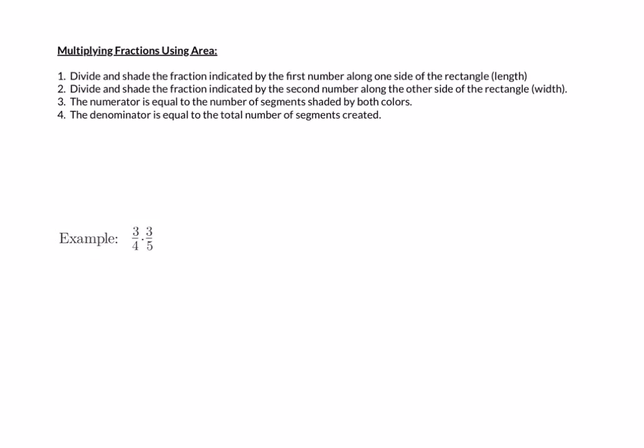The numerator is going to equal the number of segments shaded by both colors, and the denominator is equal to the total number of segments created. So let's go ahead and look at an example of this. We create a rectangle, and for my first fraction I have 3/4.